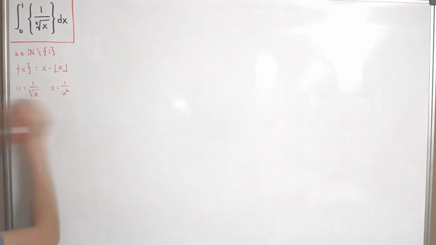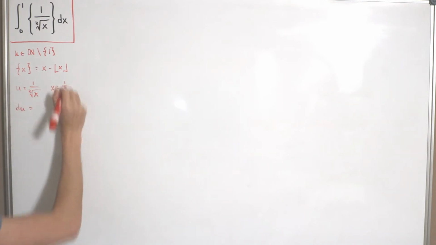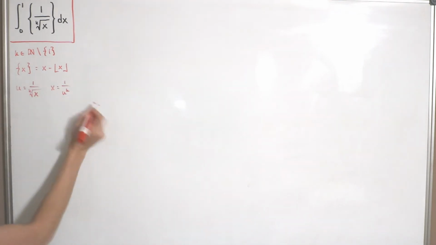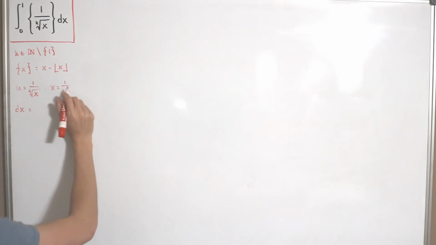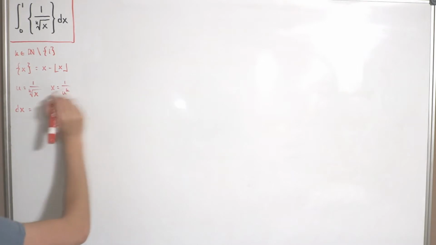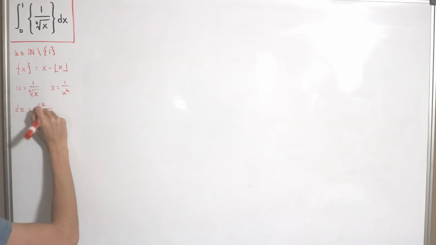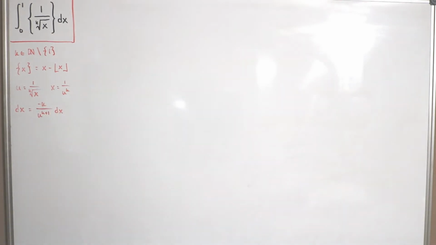Differentiating both sides, dx is equal to negative k divided by u to the power k plus 1, du.